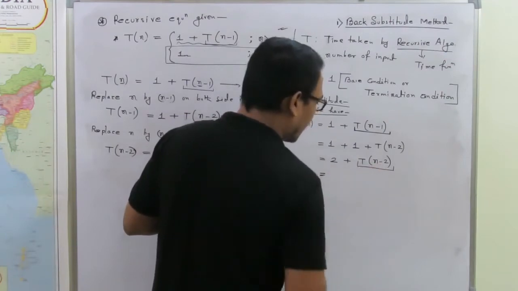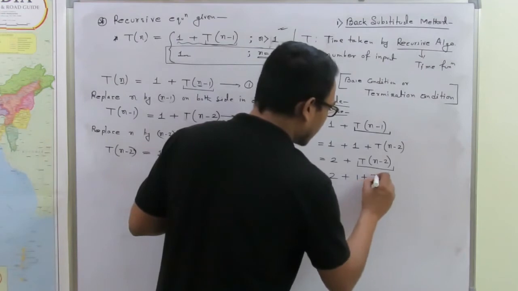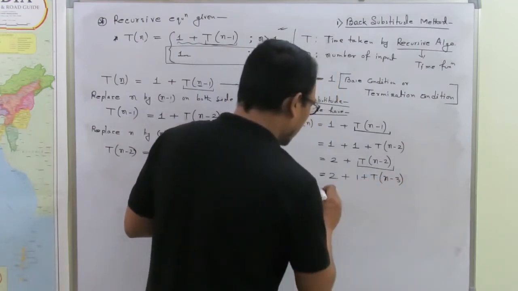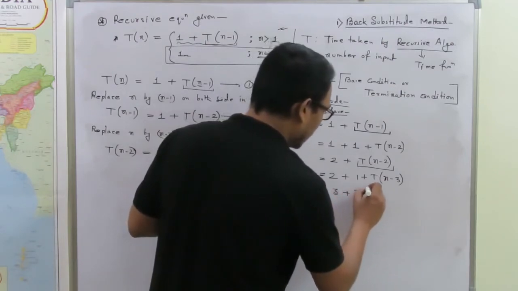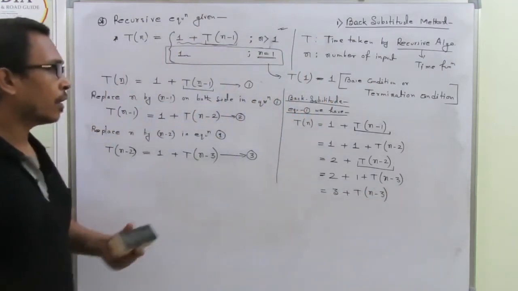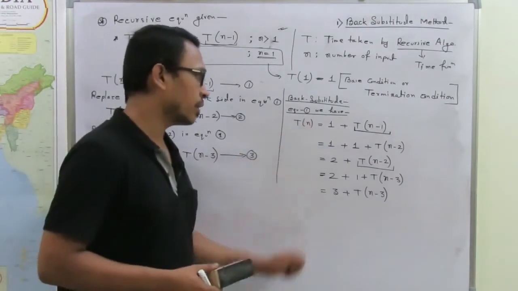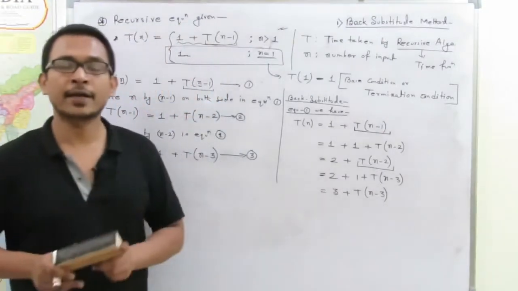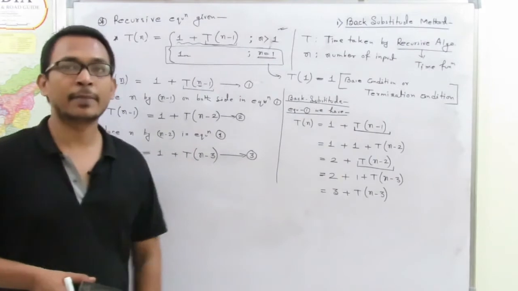This will give us 1 plus t of n minus 3, and if we simplify this we will get 3 plus t of n minus 3. Now try to observe the pattern in this back substitute method. Try to observe the pattern that we get in this particular representation.